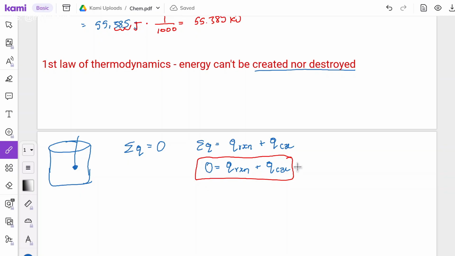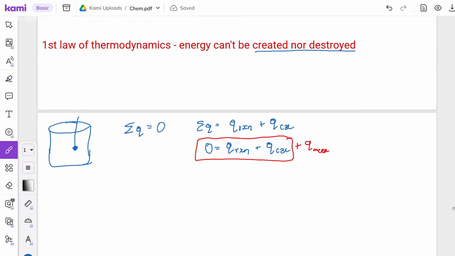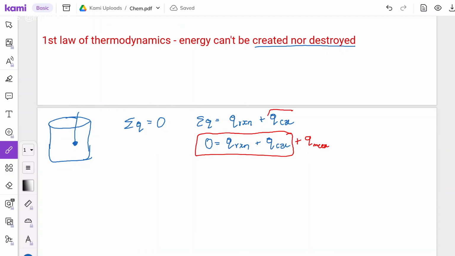There can be more processes, more stuff added to the calorimeter, but it's all going to sum to 0. This might be hard to understand right now, but after I show a practice problem, you'll get it more. But before that, I'm going to describe this Q.